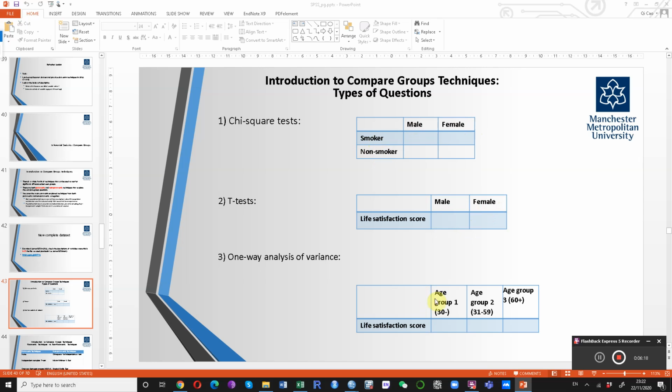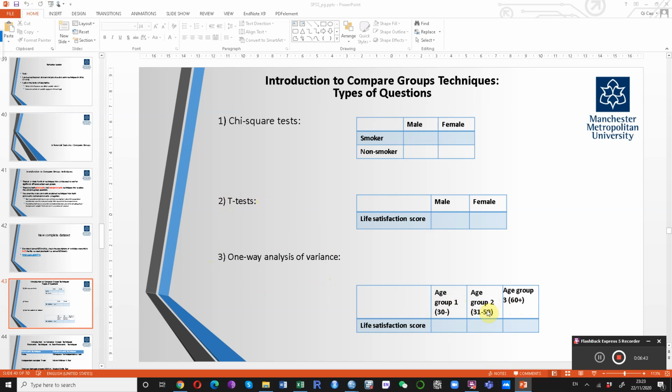But for t-test and one-way ANOVA, the major difference is that t-test only allows 2 categories for your independent variable. So some people even say that t-test is actually a very specific case of one-way ANOVA with just 2 categories for the independent variable.